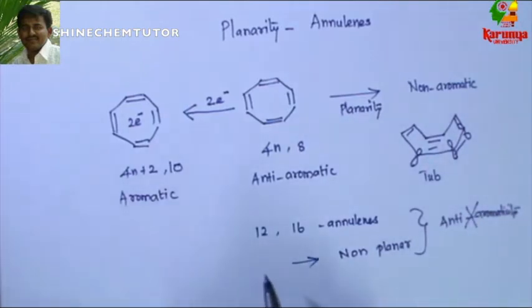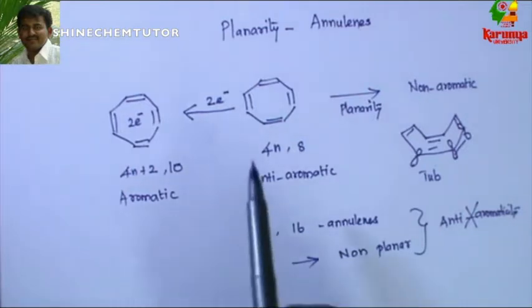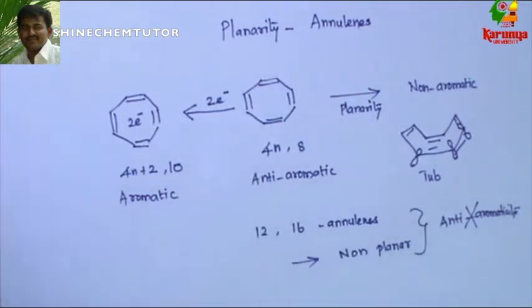So 12 annulene and 16 annulene, even 8 annulene, they are non-aromatic. They can twist themselves to become non-planar. On the other hand, when you add 2 electrons or when you remove 2 electrons from that, the same system becomes planar and it attains aromaticity.